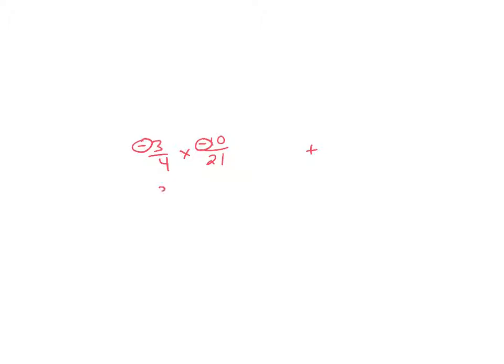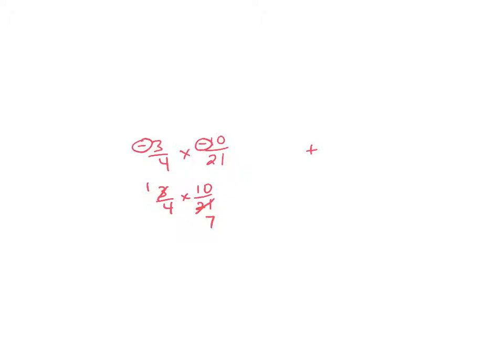And then what I'm going to do is I'm just going to multiply those numbers together as if those signs weren't even there. Remember, I could multiply straight across, but I can also do some factoring. I can factor a 3 out of the 3 and the 21. 3 divided by 3 gives me 1. 21 divided by 3 gives me 7.